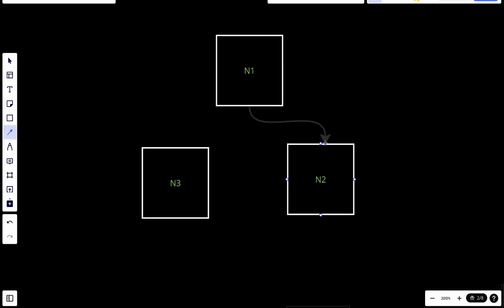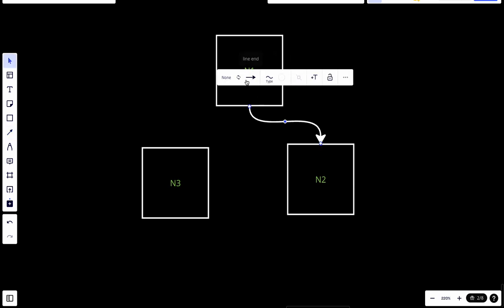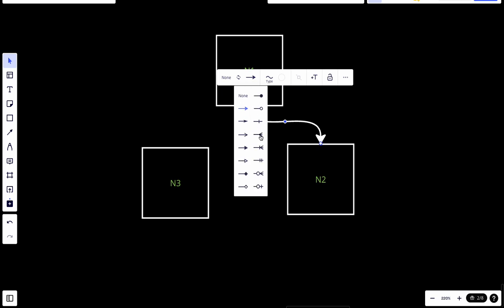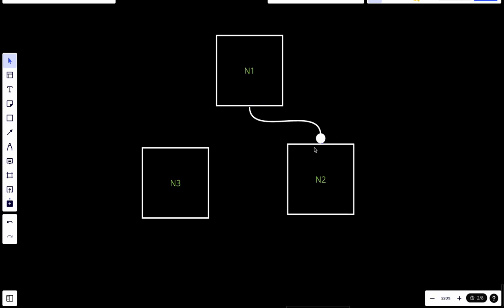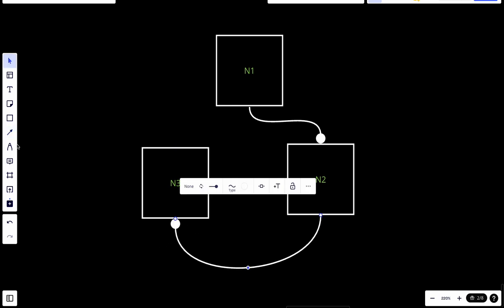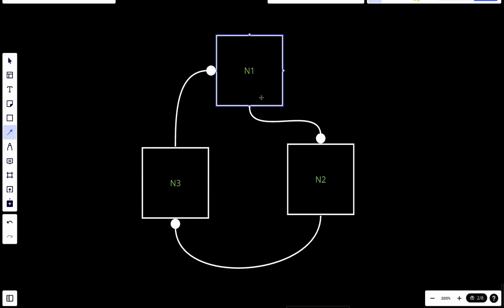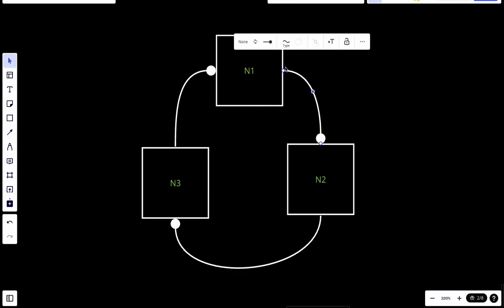I want to make this one white, and I don't want to have any arrows. Let's just have it like that, and these replicas are connected with each other. It's reasonable looking like that.